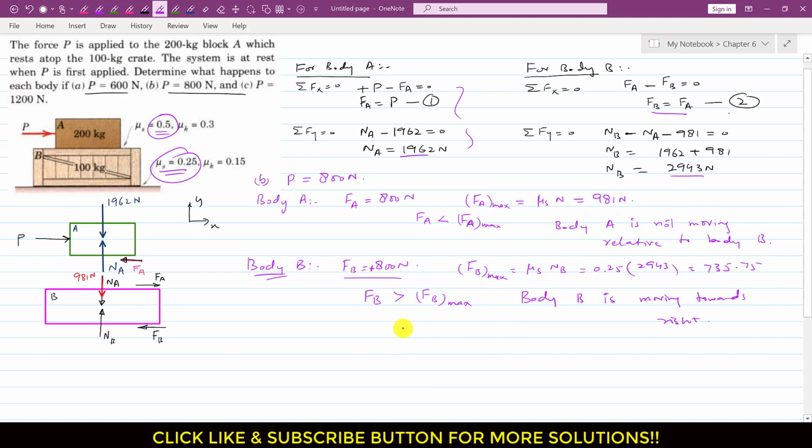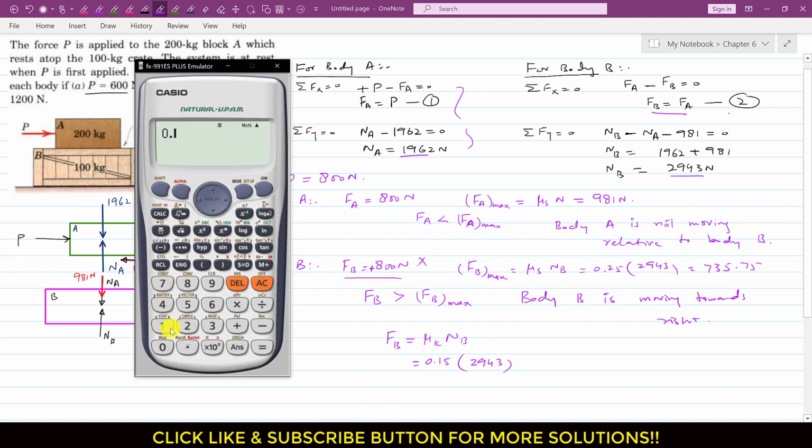And now if you want to find the friction between crate B and the surface, we will write that this FB value is not accurate, since we got this value by using the assumption that body B is in static equilibrium, but it is not, it is moving. So then FB is equal to mu K N B. So mu K for body B is 0.15. So 0.15 into N B, which is 2943, right?